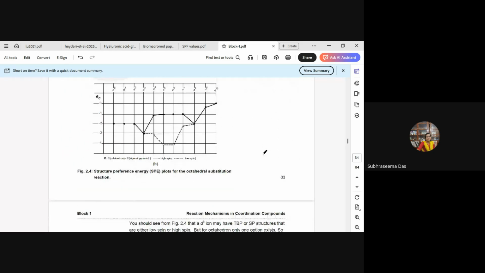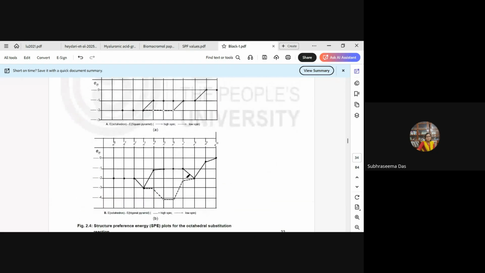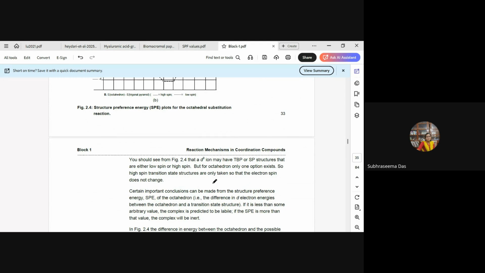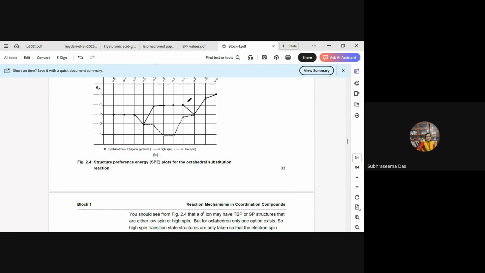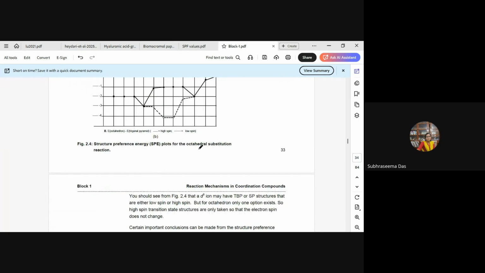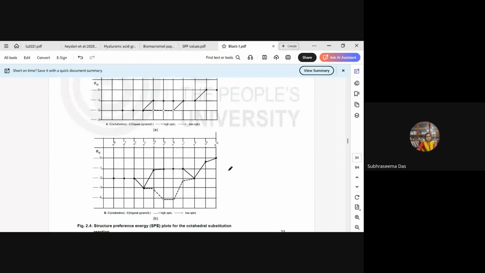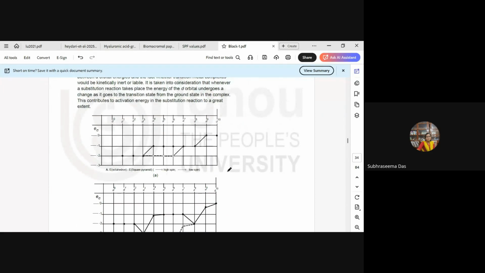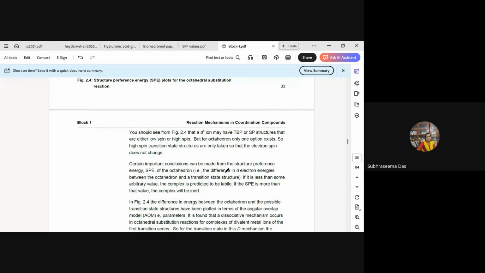Here the structure preference energy plots, for an octahedral substitution reaction, such diagrams are called SPE. We should see from figure 2.4 that, particularly for a d electron, it may have trigonal bipyramidal or square planar structures that are either low spin or high spin, depending on the nature of the ligand attached to it.